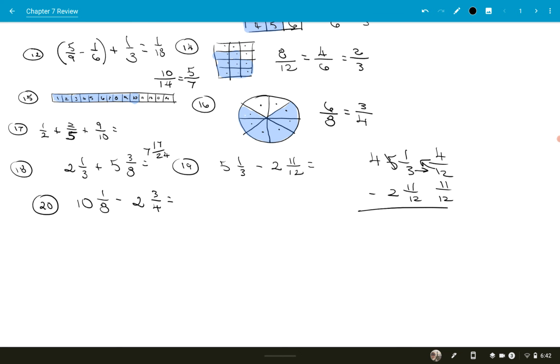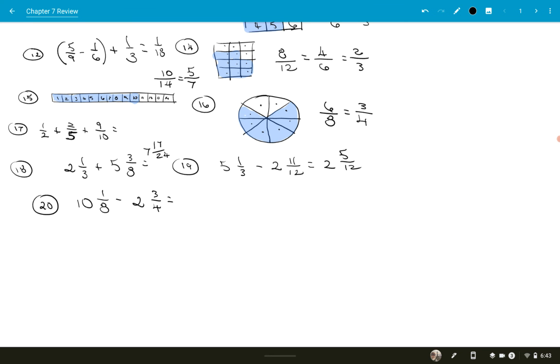And so whatever the denominator is, we add that to the top, because 12 over 12 would be equivalent to 1. So this becomes now 16 over 12, and we're subtracting 11 over 12. So 11 from 16, that's going to be 5 left over twelfths. 2 from 4 is 2. So number 19 is 2 and 5 twelfths, and the 5 twelfths cannot be reduced.